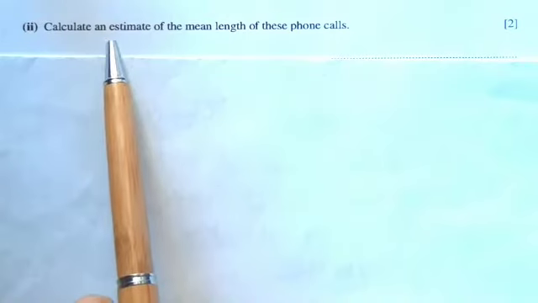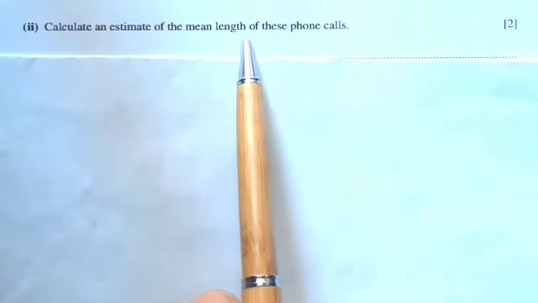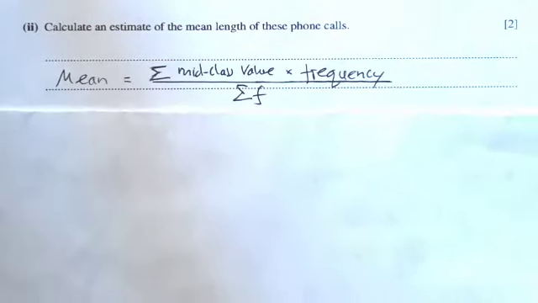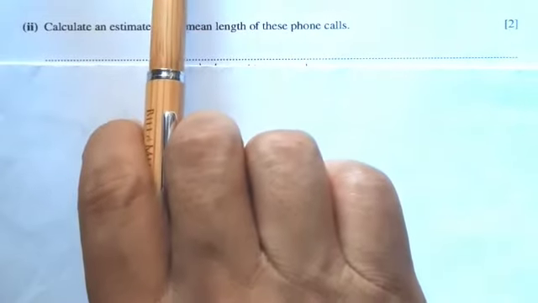Part II, calculate an estimate of the mean length of these phone calls. Now that is the frequency table, in the form of a grouped frequency distribution, and the time is given in intervals.